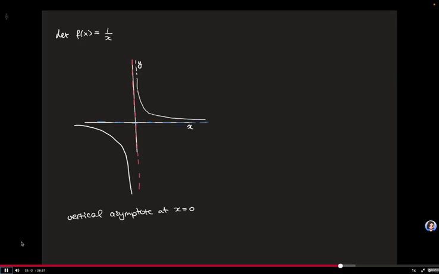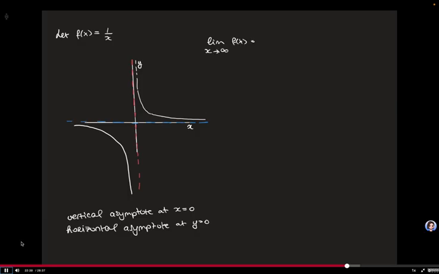And because we never reach 0, we can say that we have a horizontal asymptote at y equals 0. So the formal way to write it down is the limit of x goes to infinity of f of x.